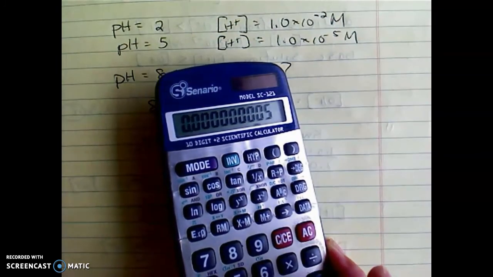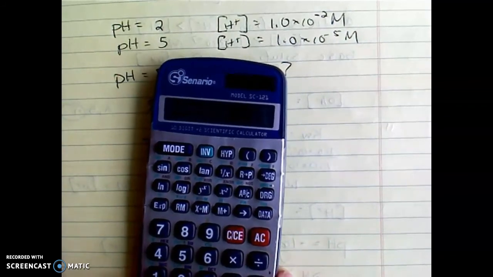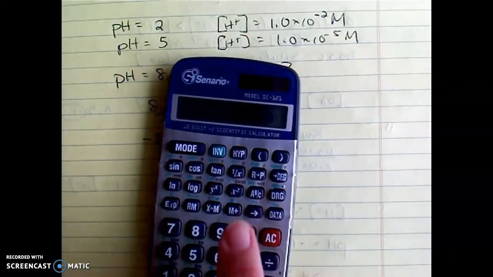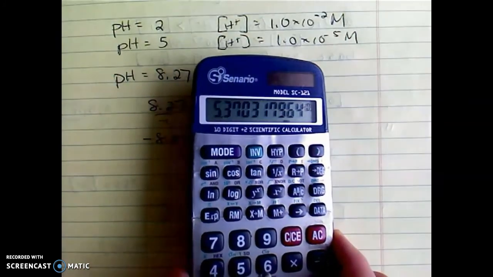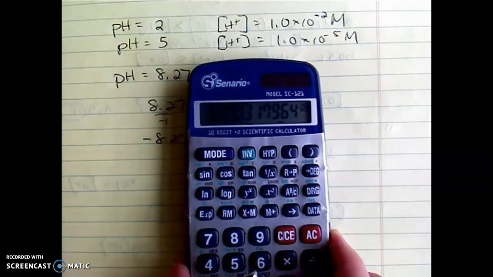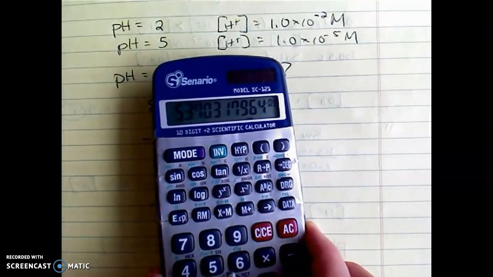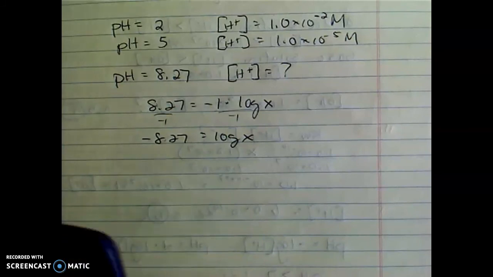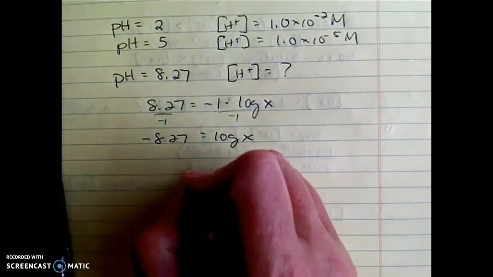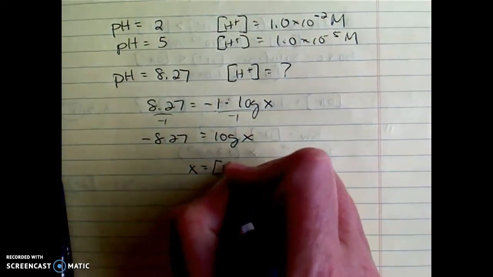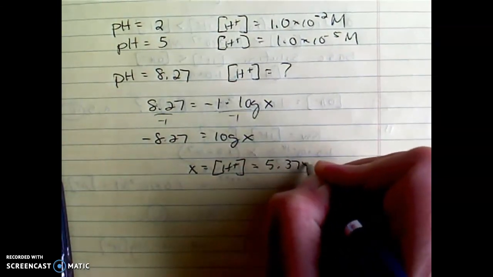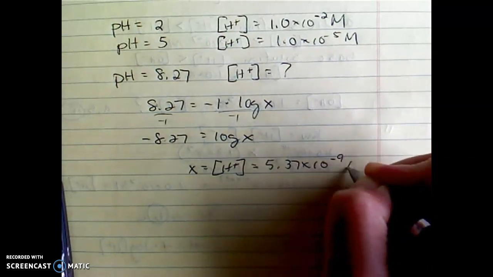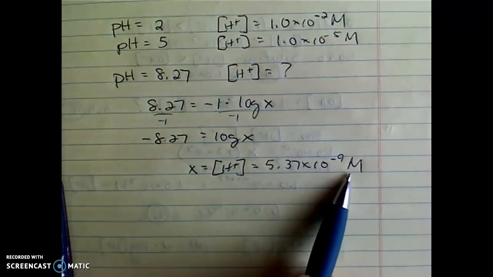Now notice it's not in scientific notation, so next I'm going to turn it into scientific notation so that I can see my decimals. Okay. So this is my actual number, 5.37 times 10 to the negative 9th, sorry. So my X, which is my hydrogen ion concentration, comes out to be 5.37 times 10 to the negative 9th molar. Remember, it's a concentration, you need a unit.